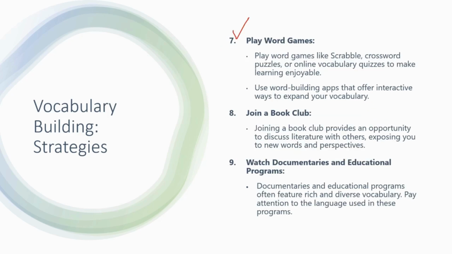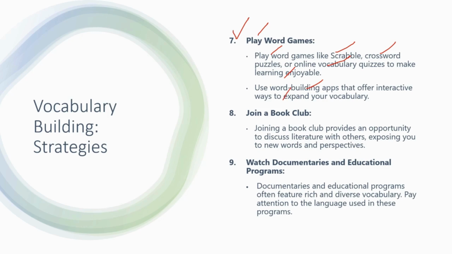The next strategy that can enhance vocabulary is play word games. Play word games like Scrabble, crossword puzzles, or online vocabulary quizzes to make learning enjoyable. Use word-building apps that offer interactive ways to expand your vocabulary.